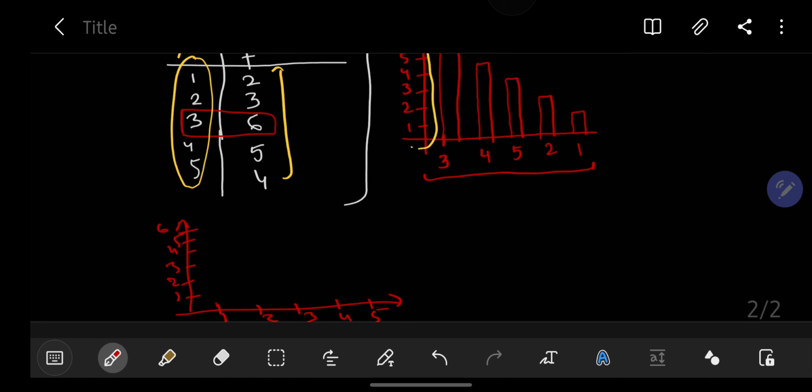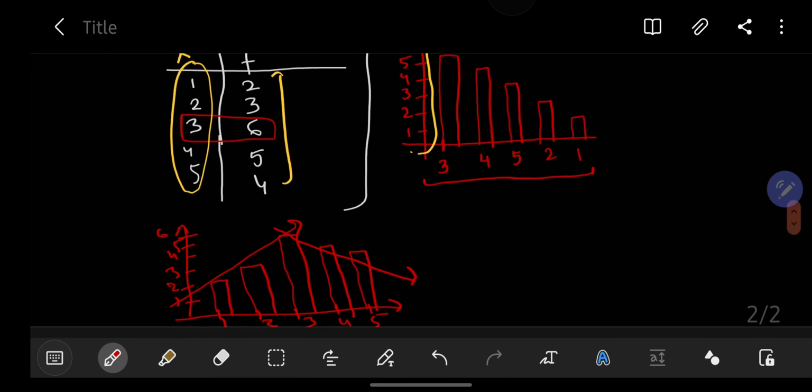So 2 goes to 3, 3 goes to 6, 4 goes to 5, 5 goes to 4. So it would be something like this. Now you can see the trend first goes upward and then goes downward.